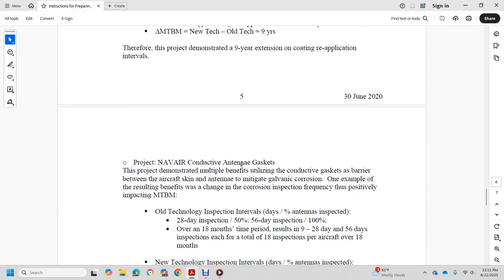Another project for the Navy, the air conductor gasket, demonstrated multiple benefits. The conducting gasket is a barrier between the aircraft skin and the antenna to mitigate galvanic corrosion. For example, it facilitates benefits through the corrosion inspection frequency, with a positive impact on mean time between maintenance.